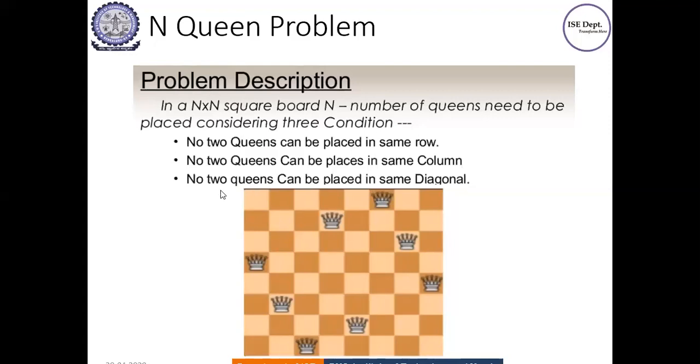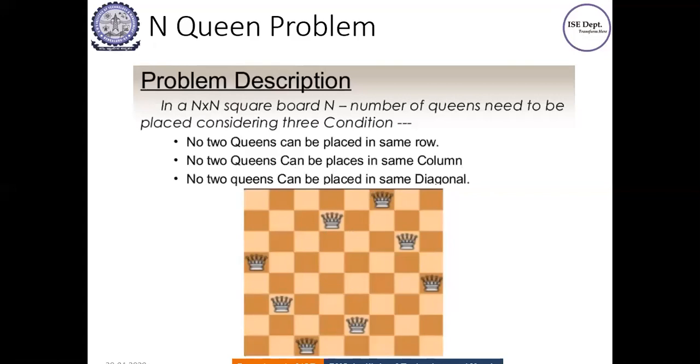So no two queens should be in the same row, the same column, or the same diagonal. Suppose you place this particular queen here, again there is an attack. So this is all about the problem. I hope you understood the problem. What is the problem statement here? We need to place all n queens on an n cross n chessboard such that we avoid attack between two queens by being in the same row, same column, or same diagonal.